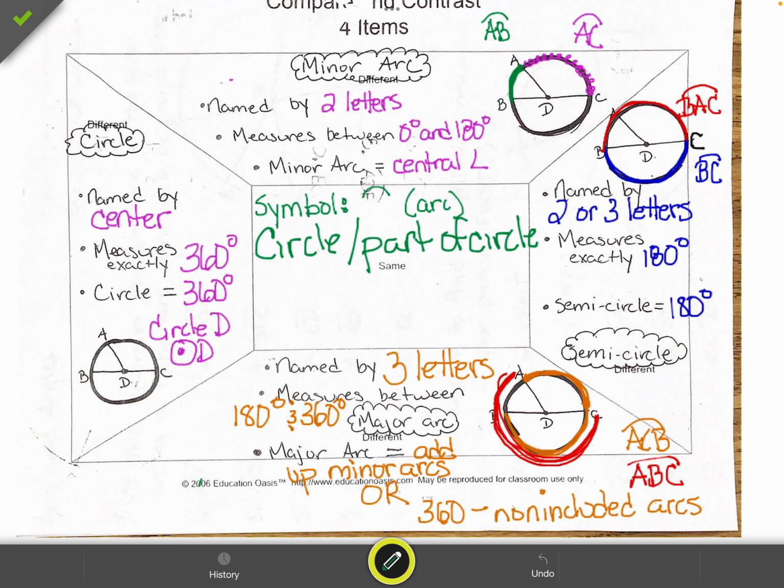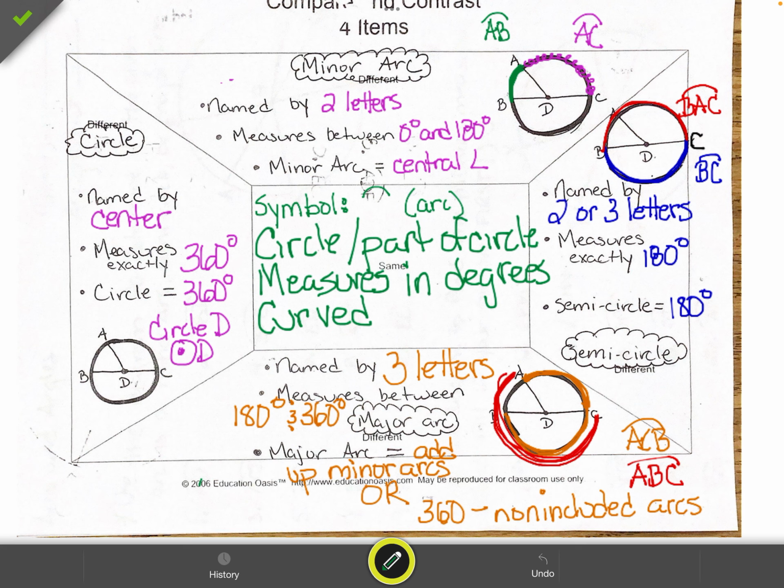We measure in degrees. Good, measure in degrees. I think we had someone in the other class tell us that they are all curved pieces. There's no straight lines.